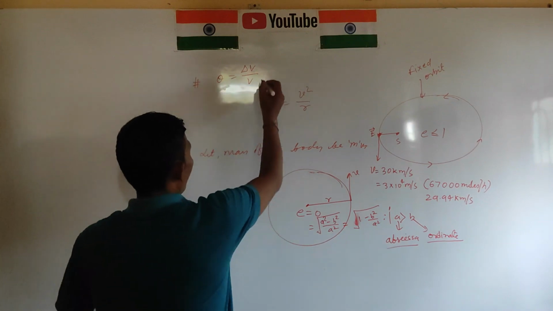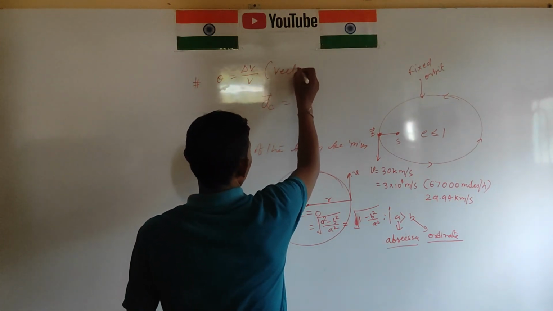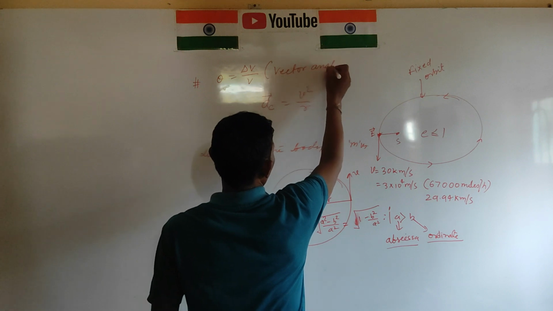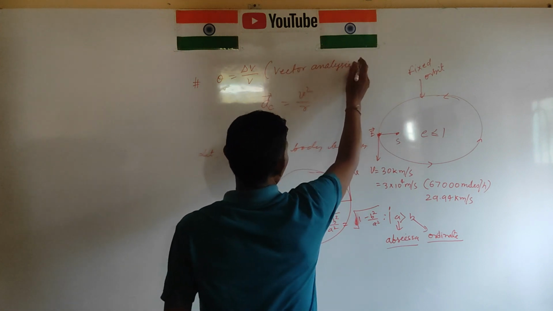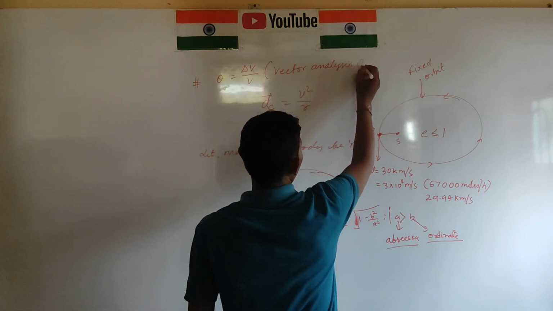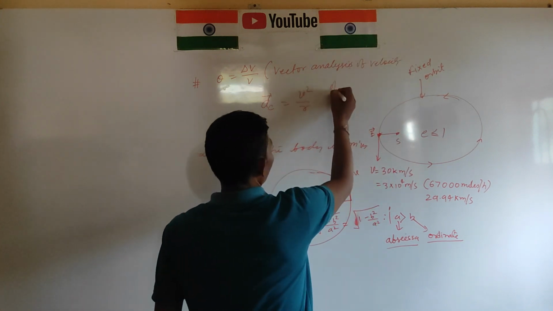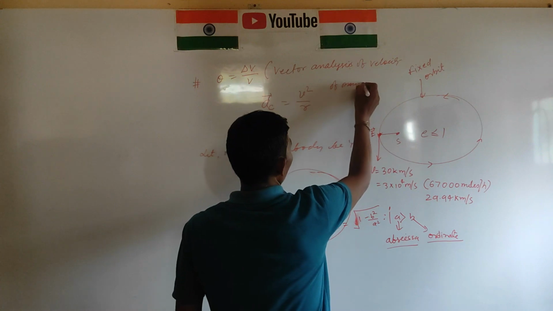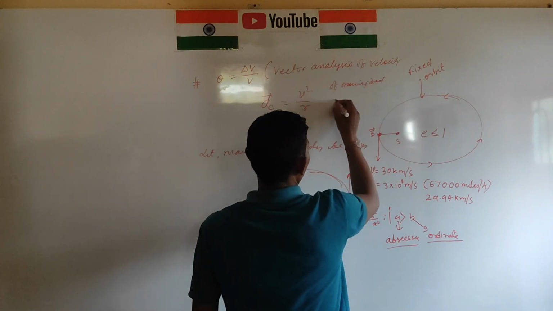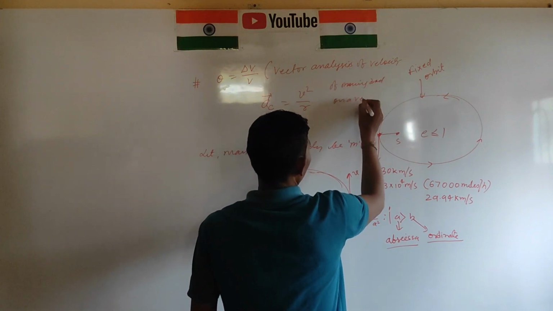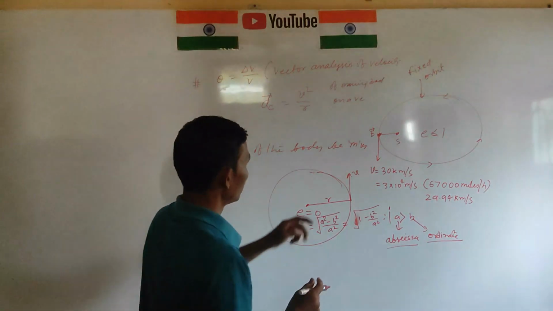This is called the vector analysis of velocity of a moving body on a circular path.